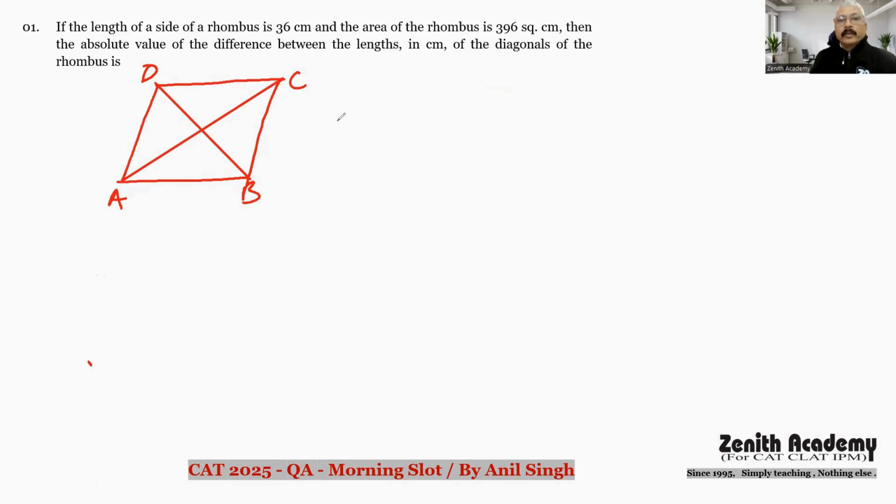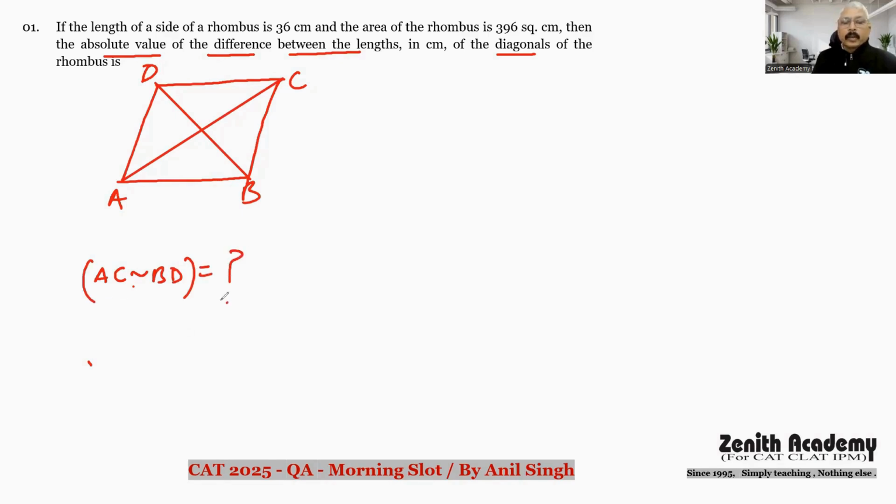So here we have to find in this question the absolute value of the difference between the length in centimeter of the diagonals, means AC and BD, we need the difference of their lengths.